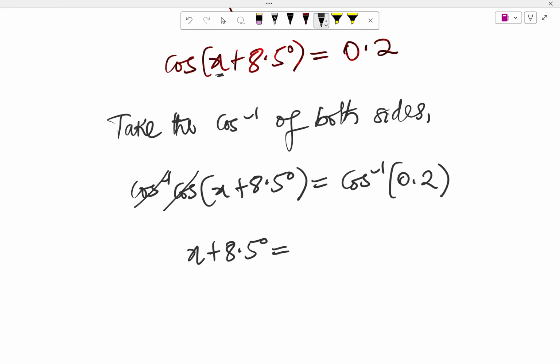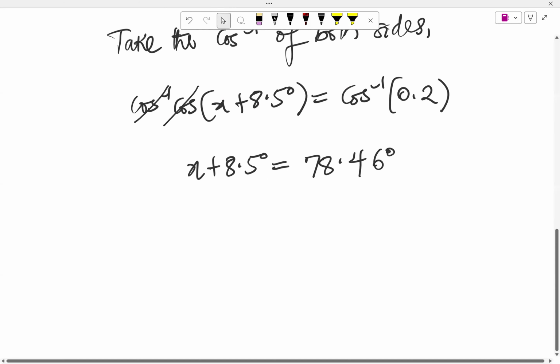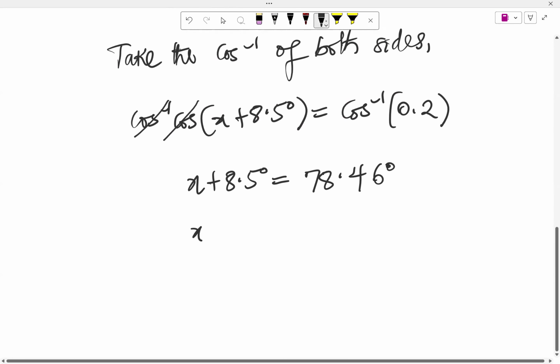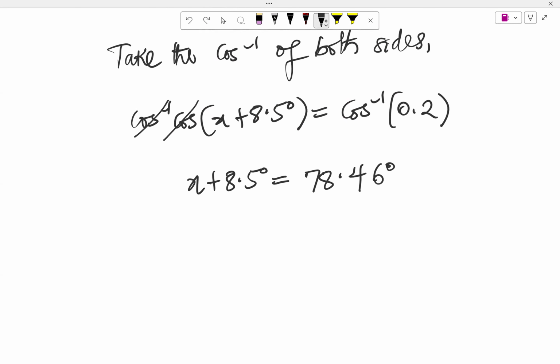So the question is, what is arc cos of 0.2? In degrees, I think that is 78.46 degrees. You can also get it in radians, which will be 1.3 something, but let's work in degrees since we're given degrees. Now the only thing bothering x is 8.5, so we can subtract 8.5 degrees from both sides.